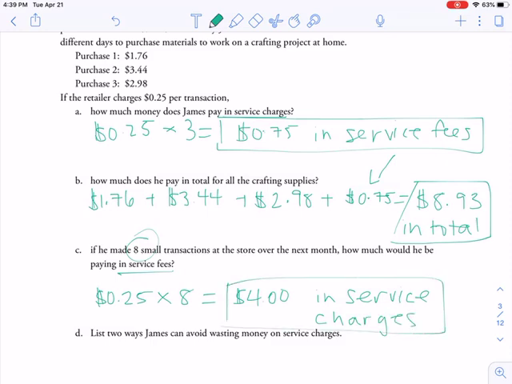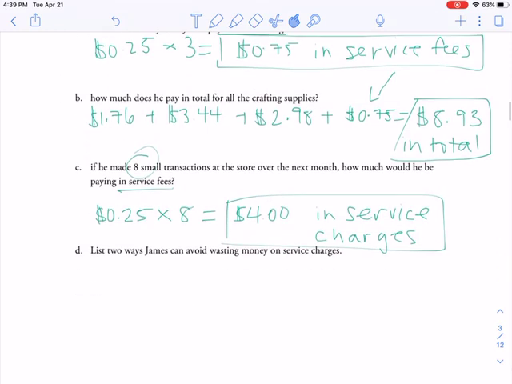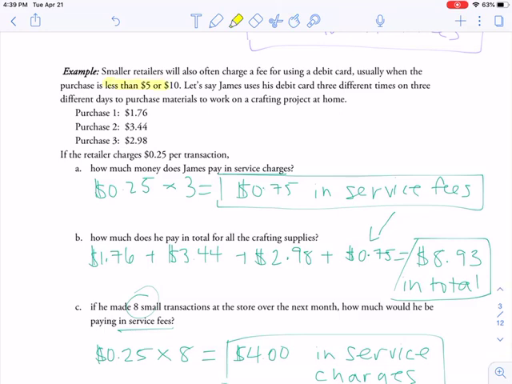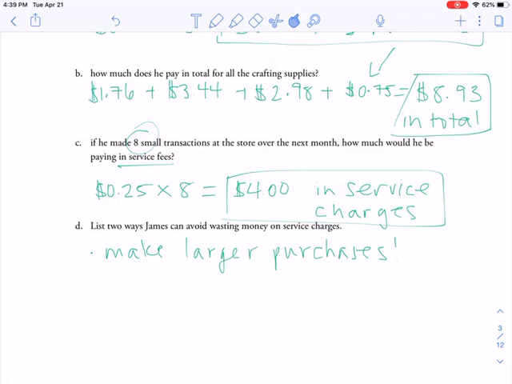There we go. And last but not least, list 2 ways James can avoid wasting money on service charges. The first way that I would recommend is make larger purchases. The reason I'm saying that is because if he spends more than that $5 or $10 that we talked about here in the example, then the retailer won't charge him any extra money.